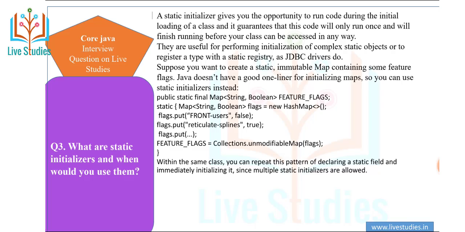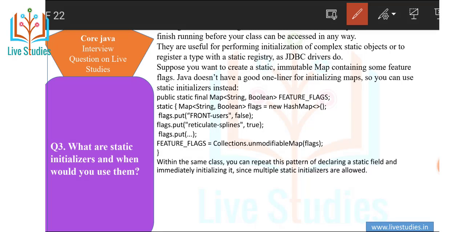Suppose you create a static final Map with arguments like Integer and Boolean flags. Static, you can map String to Boolean, a new HashMap. Flag.put, prompt user is false, retrieve response pipeline is true, flag.put, and then you can use the flag in a container of unmodifiable map.